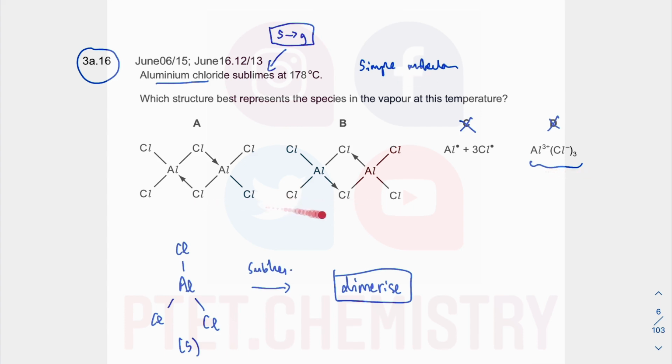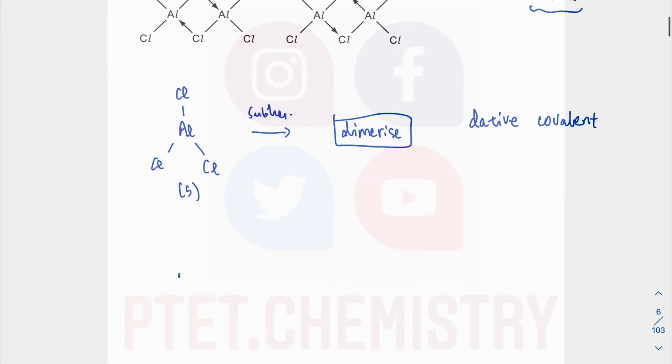The question really comes down to which one is correct to represent the dative covalent bond, okay? If you can imagine that the aluminium chloride just looks like your case study for BF3. Oops, I've written down an F there because I was talking about BF3, which is your case study stated in your specification.